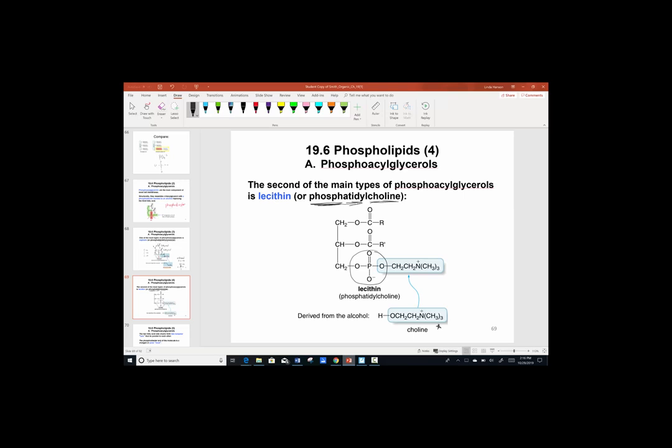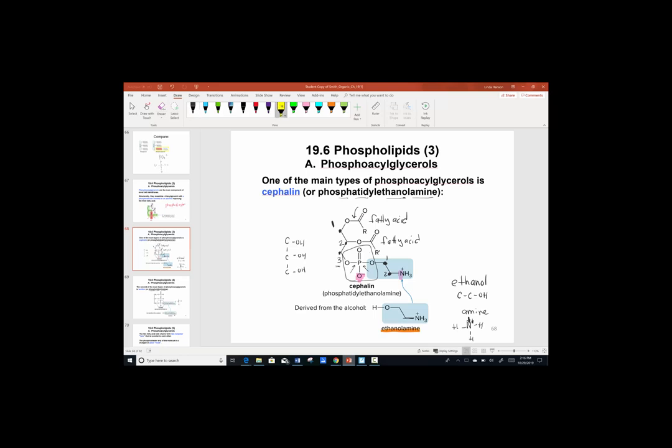We're stressing a lecithin product will have the phosphate, and instead of a mono-substituted nitrogen, we have a tri-substituted nitrogen, all with methyl groups, and it's a 4 attachment. I'm going to go back a slide to emphasize. Notice here, the nitrogen all led to hydrogens.